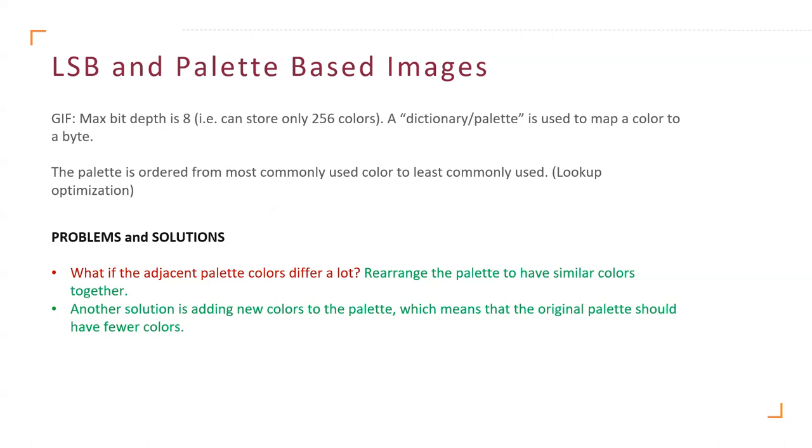Another solution is to add new colors to the palette, which become the adjacent colors of already existing colors. But this would mean that the original palette should have fewer colors inside it. And tampering with these palettes is easy to detect. So again, if we try to manipulate GIFs with LSB, then there's a high chance that our steganography is detected. Another solution is to use grayscale because, again, there are not many shades of gray which the human eye can differentiate between. So this is one of the techniques.